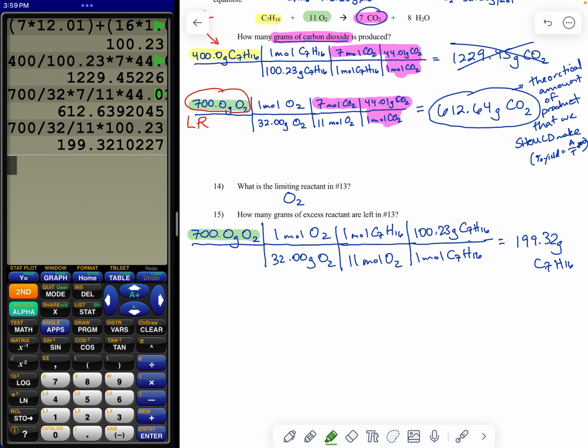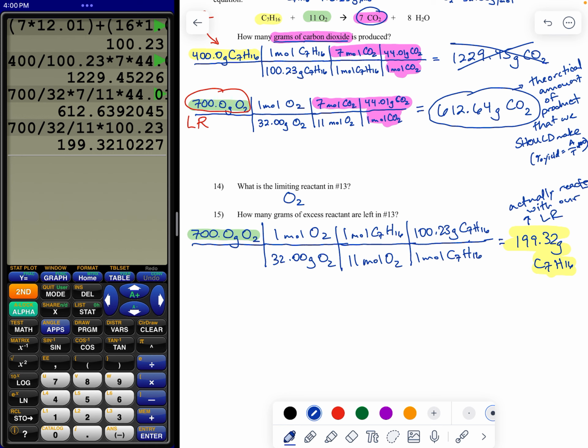Now, again, what is the significance behind this? This is what actually reacts with our limiting reactant amount, all right?